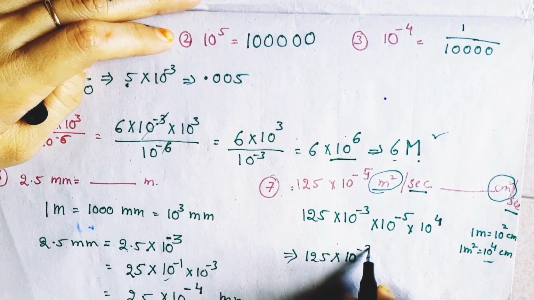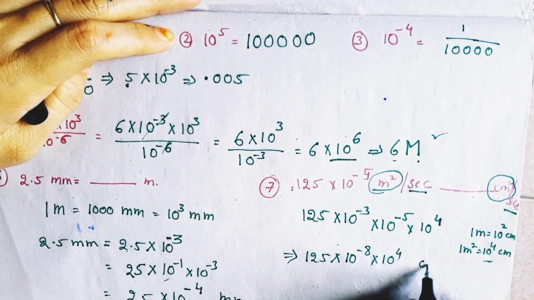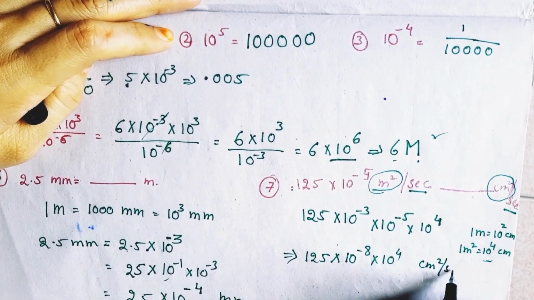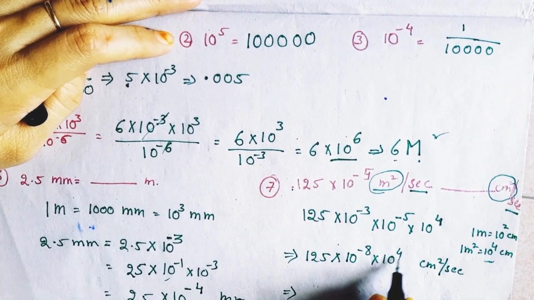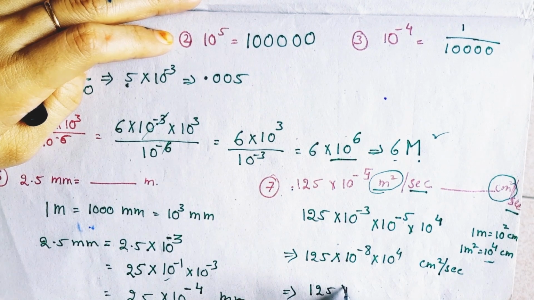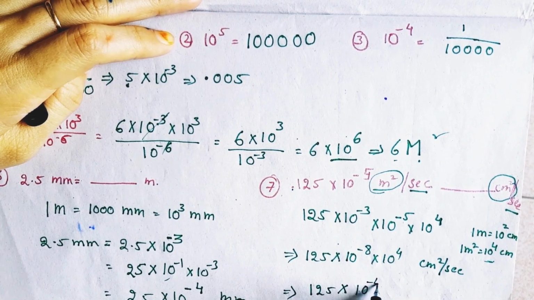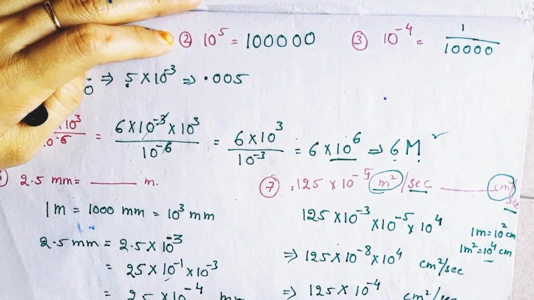Then 10 power minus 8 into 10 power 4 centimeter square per second. So our next step is, look here, 10 power minus 8 and 10 power 4 combine, then 125 into 10 power minus 4 centimeter square per second. This is our final answer.